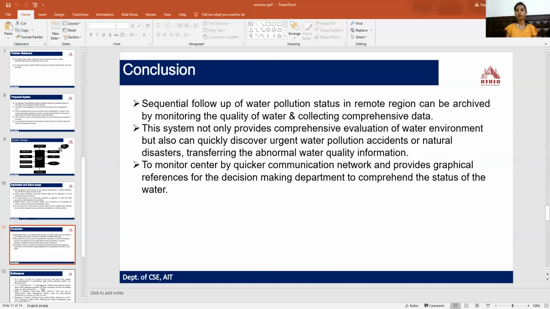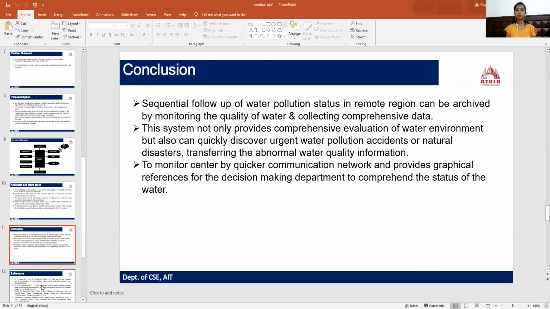Monitoring of water pollution status in a remote region can be achieved by monitoring the quality of water and collecting comprehensive data. It collects the data and also determines the quality of water. This system not only provides a comprehensive evaluation of the water environment, but can also quickly discover urgent water pollution accidents or natural disasters, transferring the abnormal water quality information to the monitoring center through a quick communication network.